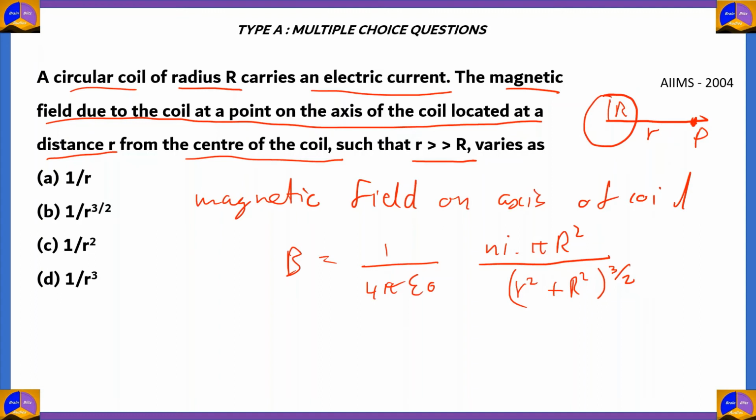So we know that this point P is very, very far away from the coil. So that small r is way greater than capital R. So when small r is way greater than capital R, we ignore capital R in the denominator in this formula.